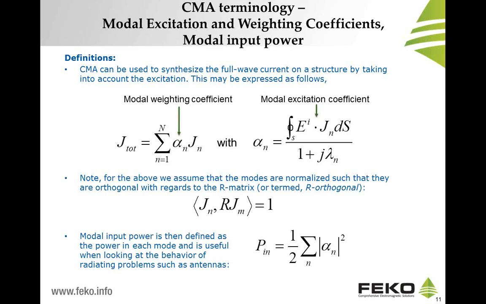We can do this by calculating the quantities that I list on this slide. Let's start with the modal excitation coefficient, which can be defined as illustrated here in the numerator. This quantity essentially tells us how efficiently a mode, illustrated here by J subscript n, couples into the incident source, which is basically a vector, illustrated here as E superscript I. As the excitation couples more efficiently into the mode, this quantity will become larger.